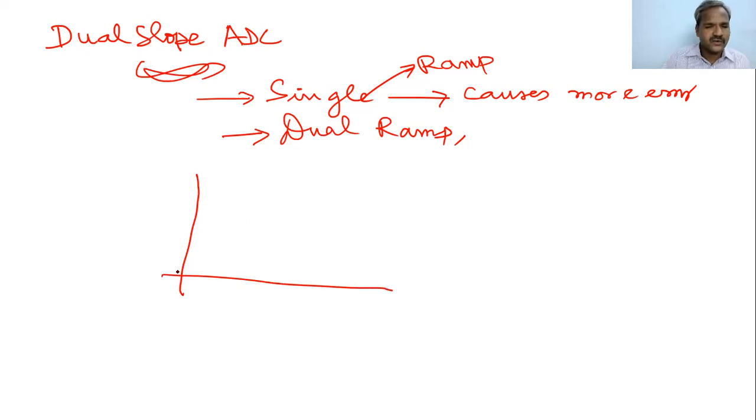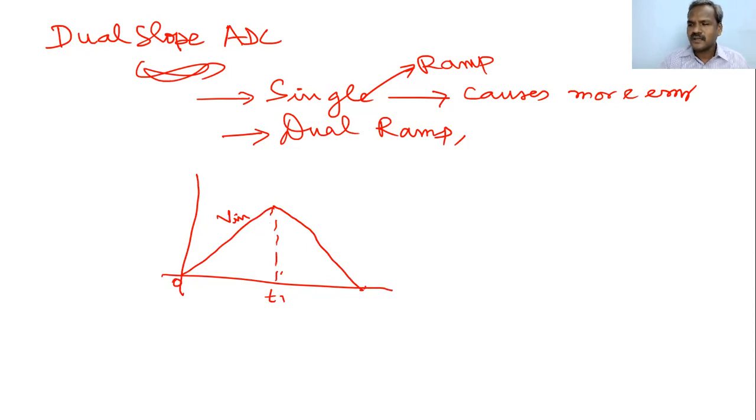During the positive ramp, we apply the actual input, for a fixed time interval T1, from 0 to T1. Then during the next time interval, it causes the negative slope.